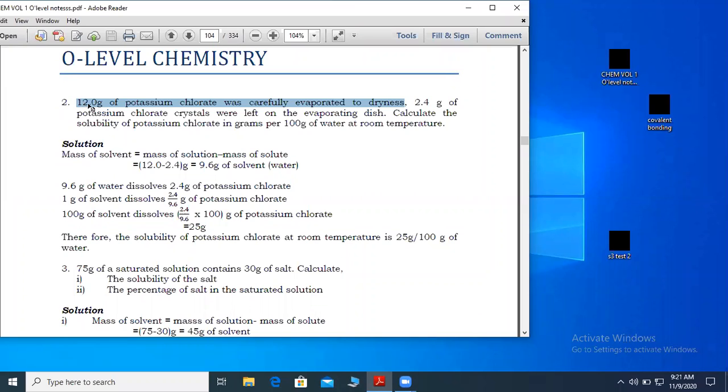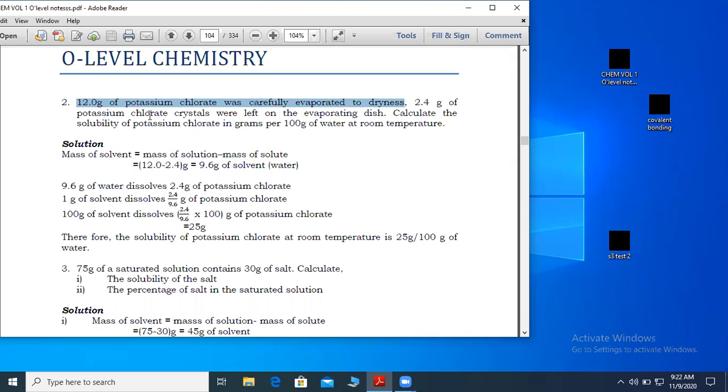So we are driving off the water, and we shall remain with the mass of pure salt, which is potassium chlorate. So 2.4 grams of potassium chlorate were left on the evaporating dish. So after removing the water, you remain with 2.4 grams of pure potassium chlorate.